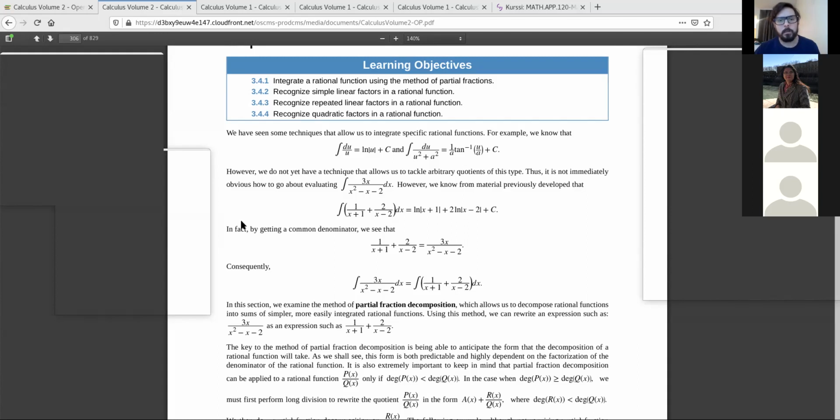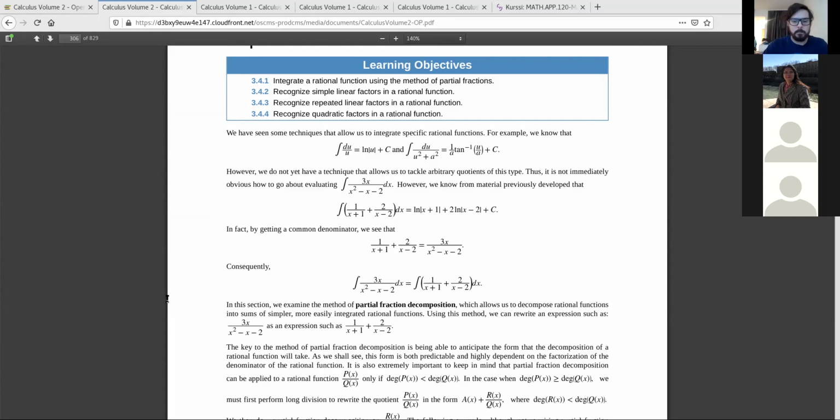They didn't talk about that, but the common denominator. So, you know, if you have a p of x over x plus a times x plus b, say, let's say it's like this.